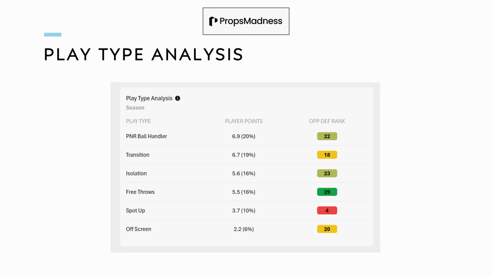For example, maybe someone like Rudy Gobert would have putbacks and pick and roll man as higher and more frequent play types, and less so isolation. He's not going to be a guy who sizes up someone from the perimeter, right? So you just want to take into account the profile of the player as you're going through the analysis and weighing against all the different defenses that these players are facing.